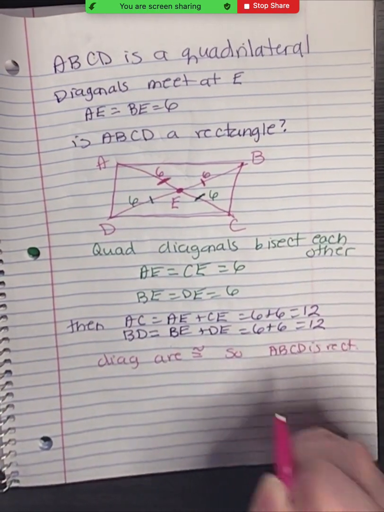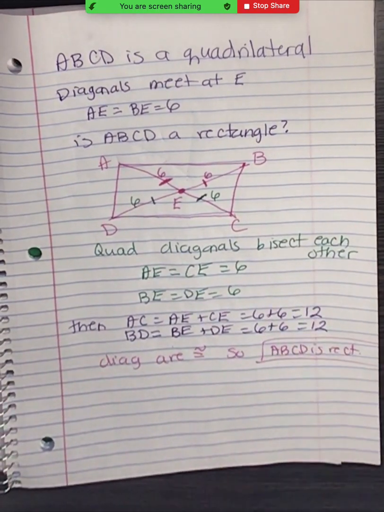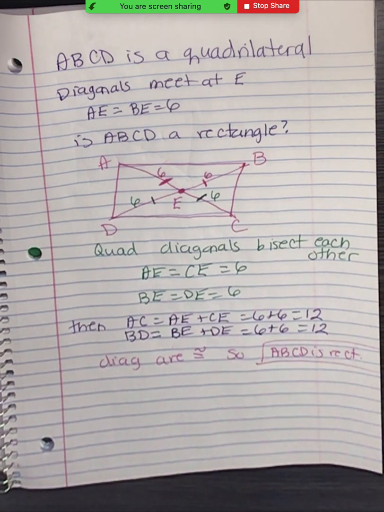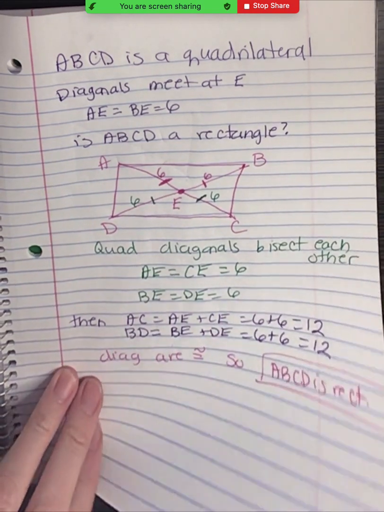So ABCD is a rectangle because the theorem says a quadrilateral with diagonals that are congruent is a rectangle. So that is lesson 6.4.